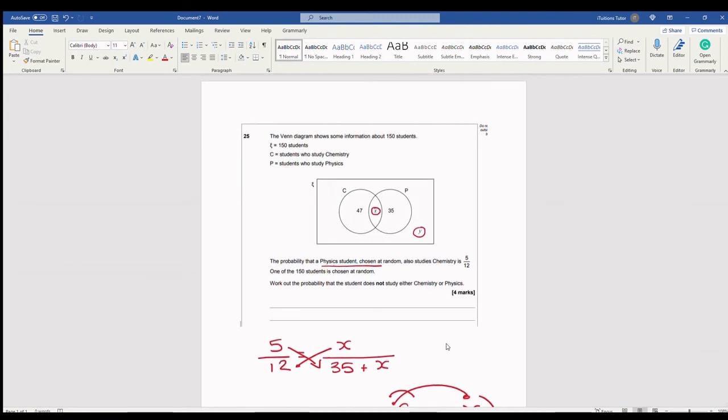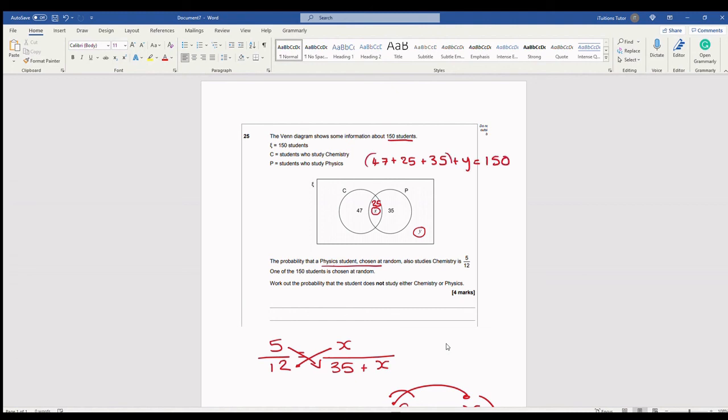So we have 25 students in here, and now we can work out the value of y. Altogether we have 150 students. We have values for everything apart from y. So 47 plus 25 plus 35 plus y gives us 150.